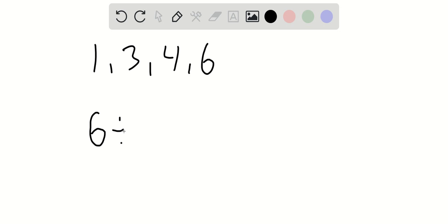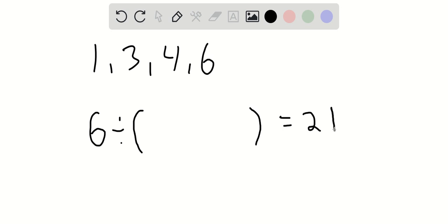So if we divide by the opposite in multiplication terms of 4, right? 1/4, 6 divided by 1/4 gets us to 24. Ooh, so 6 divided by 1/4. Okay, so we don't have any fractions in here, but again, I have to use the 3 numbers 1, 3, and 4 now to get to 24.